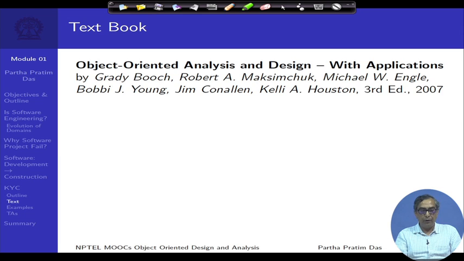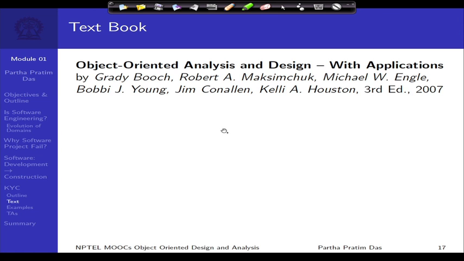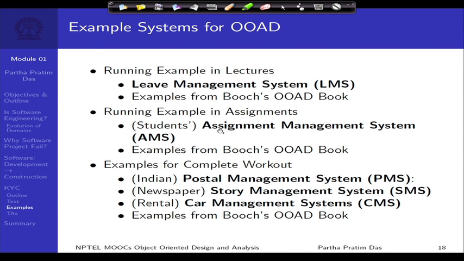Most of the material that we will discuss will be borrowed from this book, and the discussion of UML also has a good summary in it. If you follow this, I am sure you will find this course quite easy to go through.